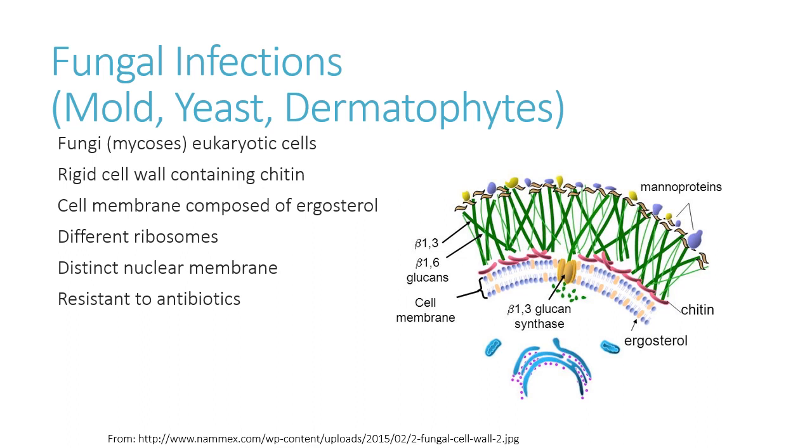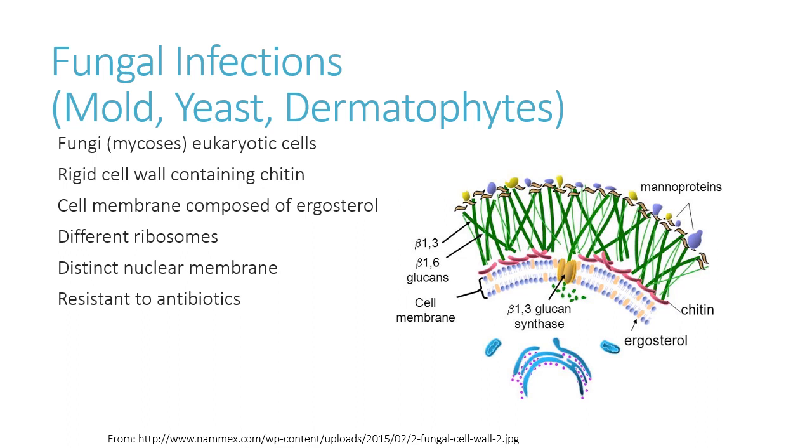So anyways, moving on. Let's talk about a couple of fungi. Anyway, fungal infections. We talked about how a lot of our antibiotics are very specific for bacteria because they're shooting for targets that are specific to those bacteria. Similarly, with antifungals, they're going to try to shoot for targets that are very specific to the fungus.